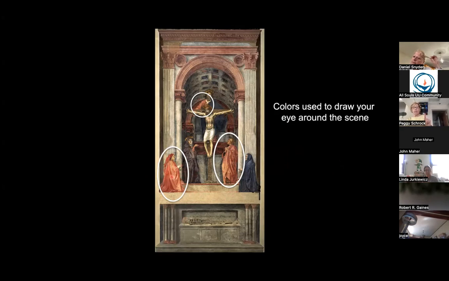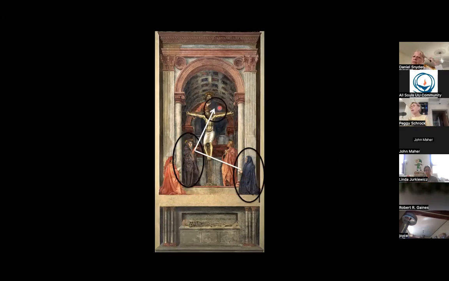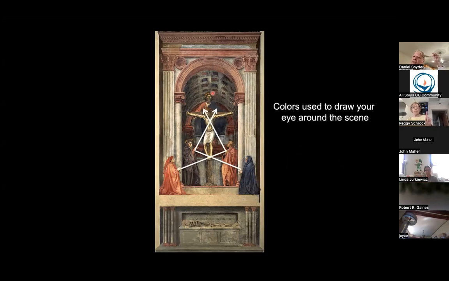So the donors here, red, red, red, creating this sort of angle that draws your eye up. And then we have blue, blue, blue, creating another angle that draws your eye up. So between the two of them, you've got this sort of crossing of forms that draws your eye up, as well as the mathematical detail of these coffers.